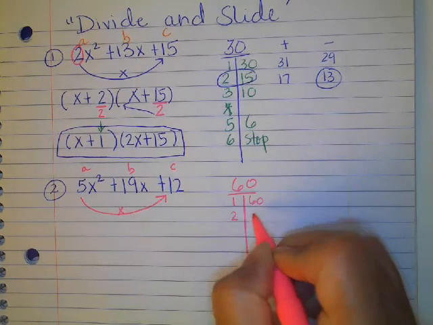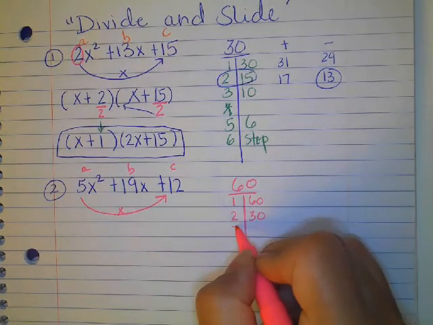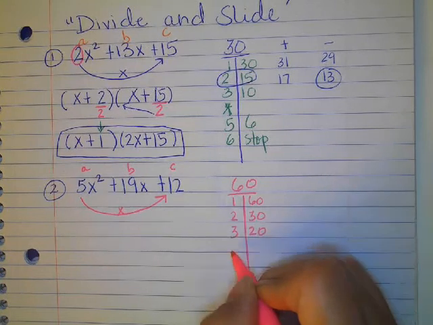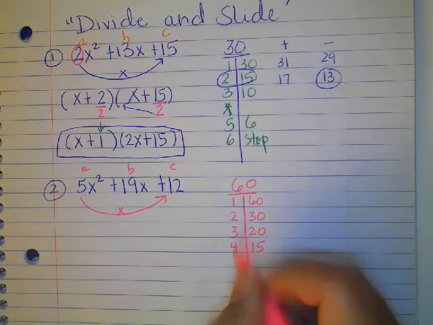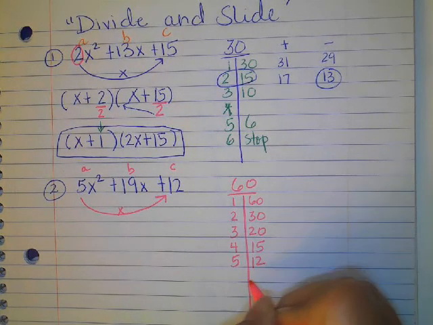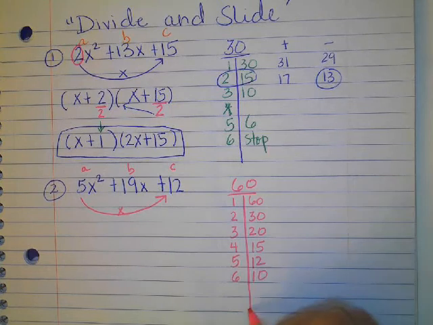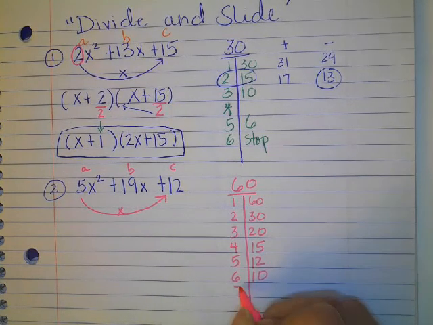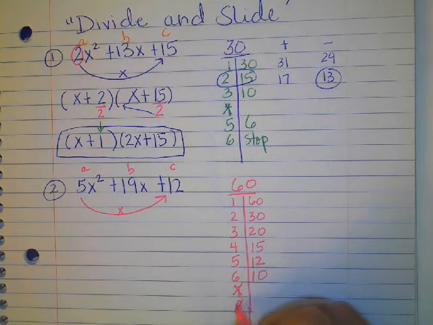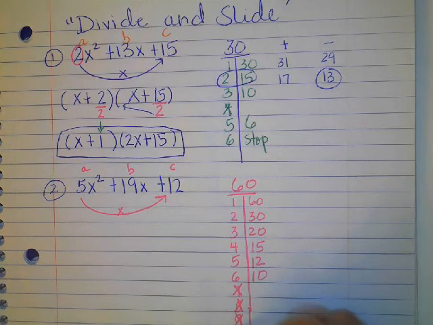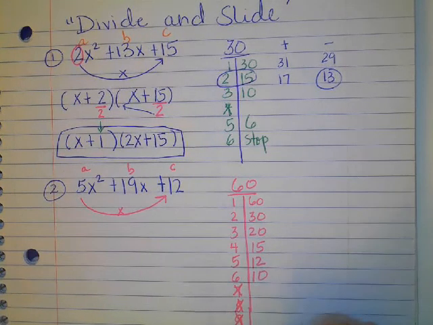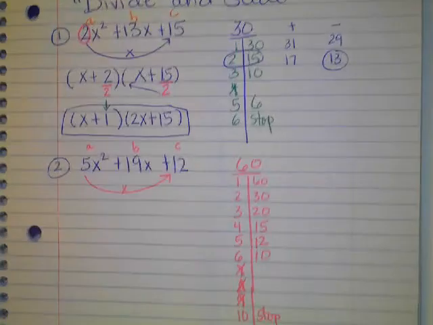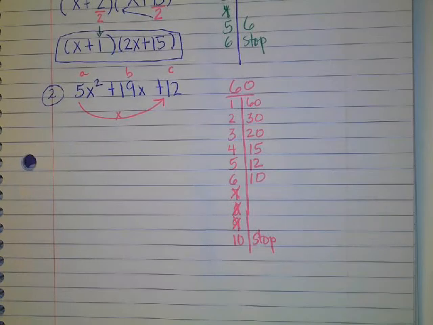1 times 60. 2 times 30. 3 times 20. 4 times 15. 5 times 12. 6 times 10. 7 doesn't work. 8 doesn't work. 9 doesn't work, and 10 is already there. And again, you can get this from your calculator.